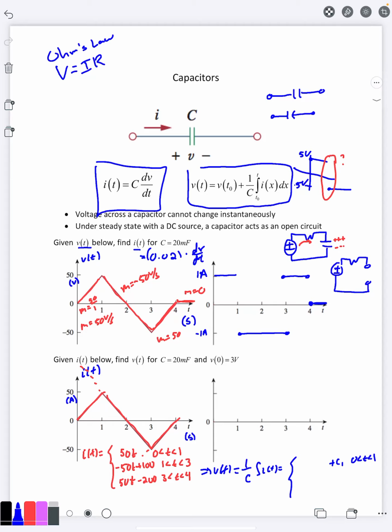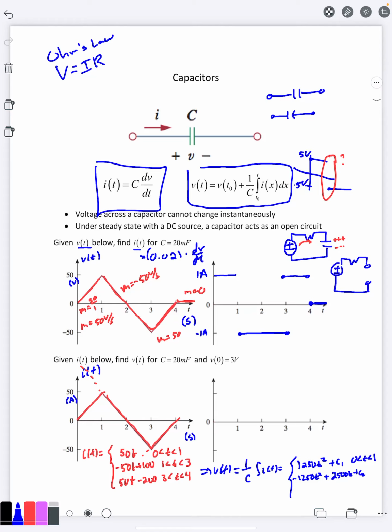So we're going to get the 1250 t squared. And then similar things here, we're going to have negative 1250 t squared plus 2500 t plus some other constant, from 1 to 3.